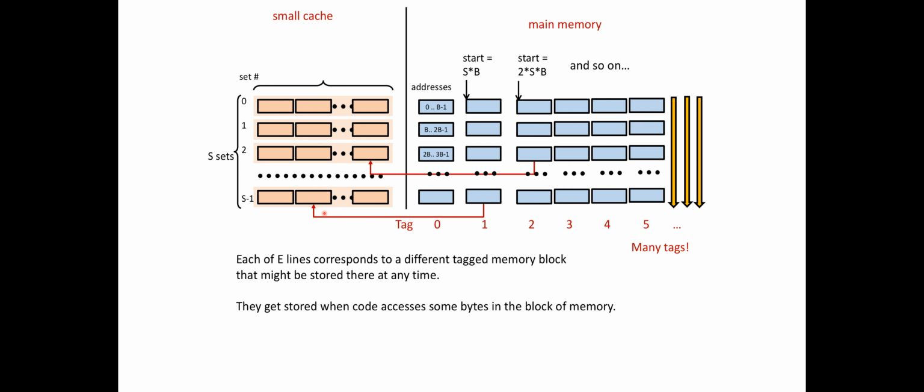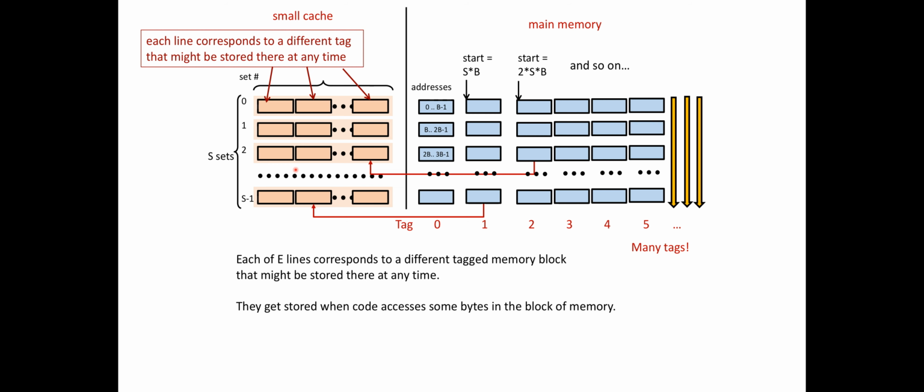And then if your program is accessing this block, it might be stored at set 2, tag 2, right here. It could be stored in one of these other ones, though. So it can be in any of them. That's the basic idea here. Each line corresponds to a different tag that might get stored there at any time. And that's one of the key points here.